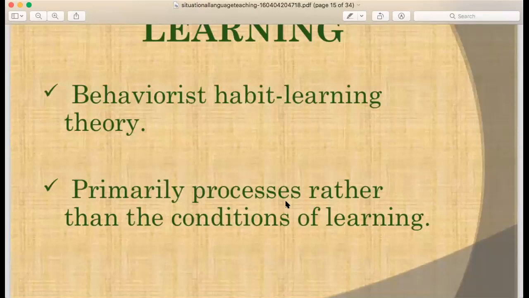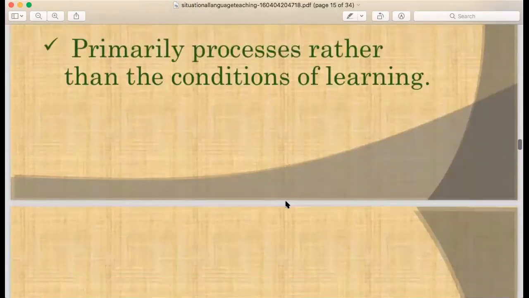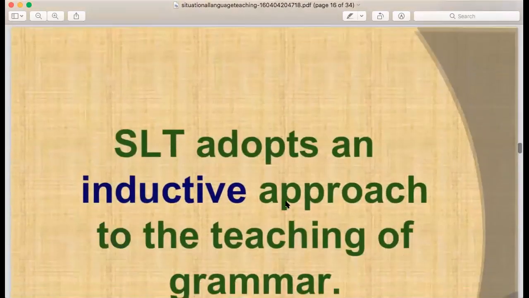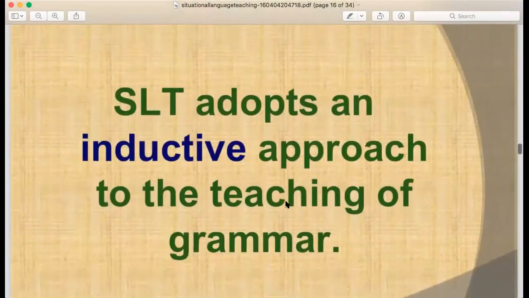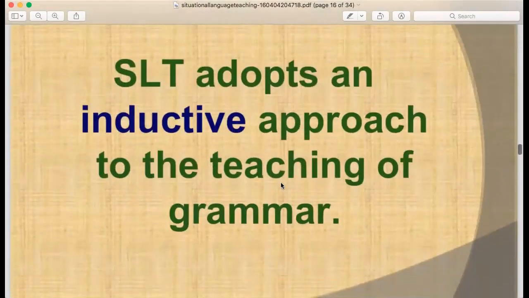Learning the right structure and learning the correct pronunciation. These are called the right habits when we talk about language learning through behaviorism. Now, see, we saw that the theory is structuralist, okay? The focus is on grammar, but the teaching of grammar stays inductive.